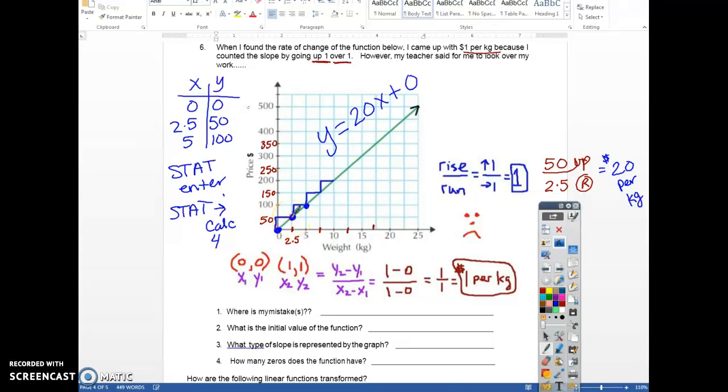So these little lines were wrong. His units were wrong. So he's going up by 50 and over by 2.5, and he was saying 1 over by 1. So we're just going to say it was up 50 and over 2.5.